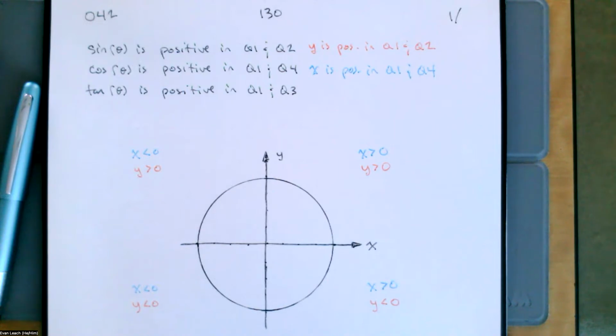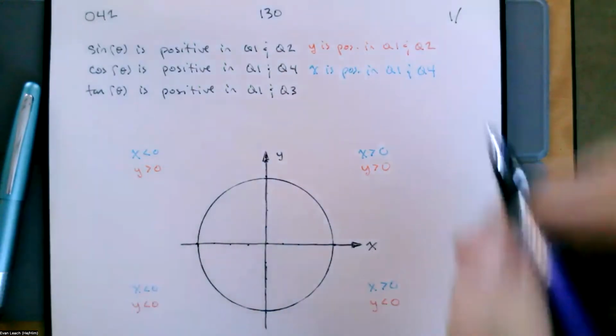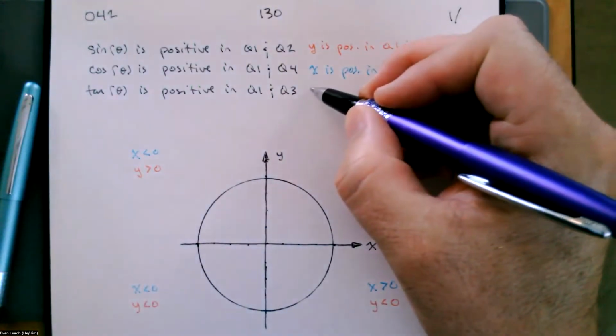Tangent is positive in quadrant 1 and quadrant 3. This is where x and y have the same sign. If we divide things with the same sign, we get a positive value. So quadrant 1 and quadrant 3, this is where x and y have the same sign.